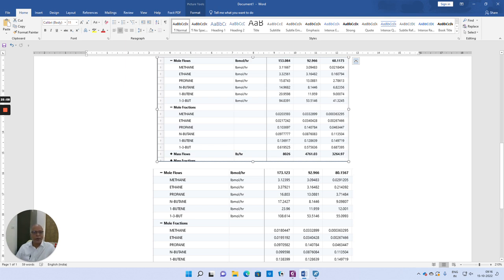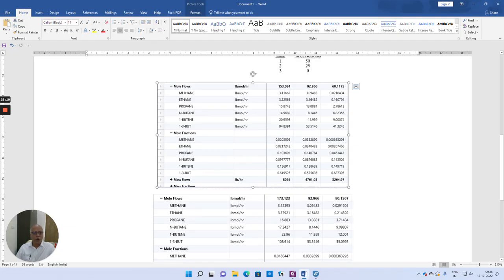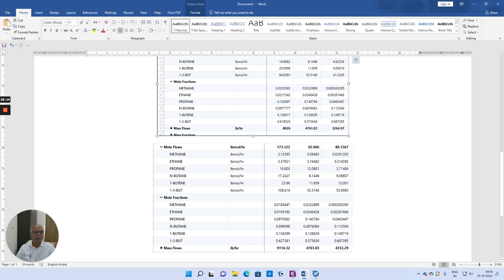Now just try to compare the composition of the top product in both cases. Did you see any change? And similarly, do you see any change with respect to its quantity? There is no change in the quantity, there is no change in its composition. Exactly, you are reproducing the same.